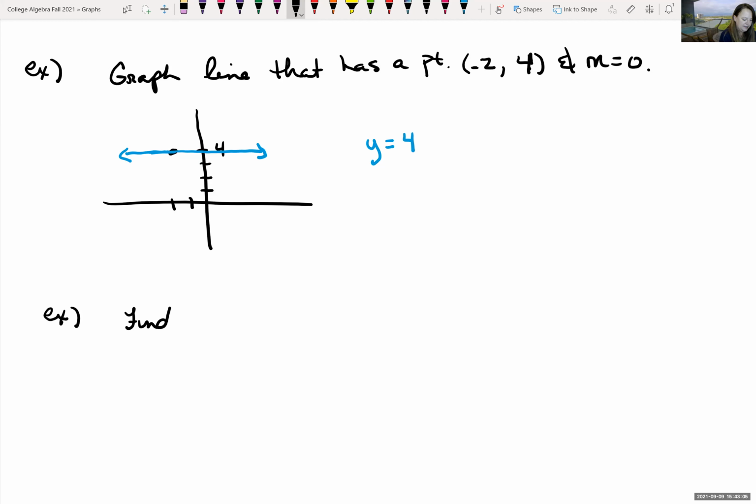What if it says find the slope between (-1, 2) and (-1, -2).